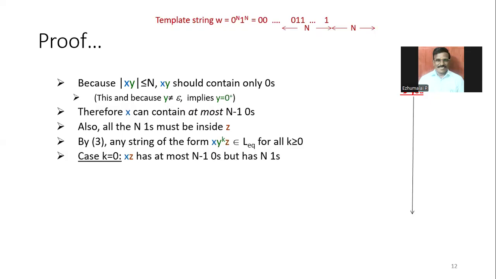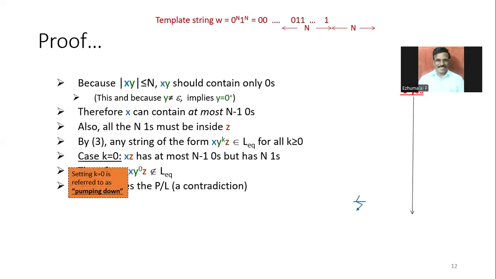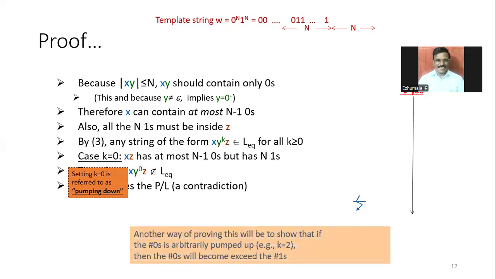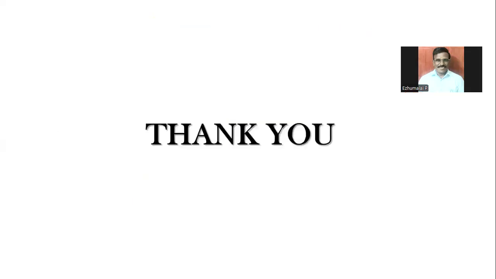In case k equals 0, xz has at most n minus 1 zeros but still n ones, so the string does not belong to the language. So our assumption leads to a contradiction, and the given language is not regular. Thank you.